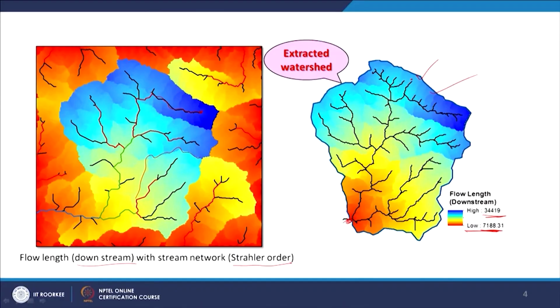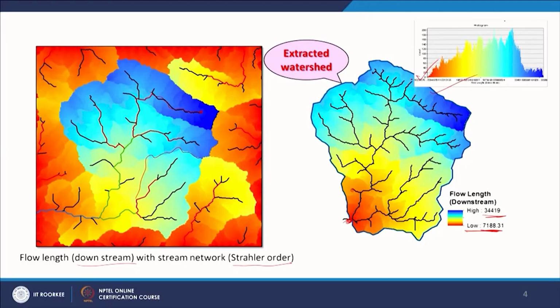So naturally the flow length from this point to the outlet is much higher than from this point to that point. That will allow us to estimate the time of concentration, especially related with water or sediments.